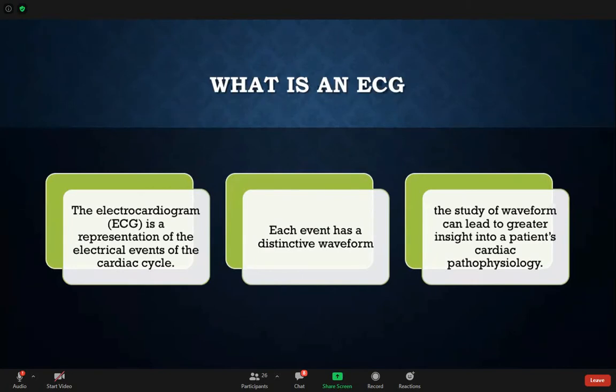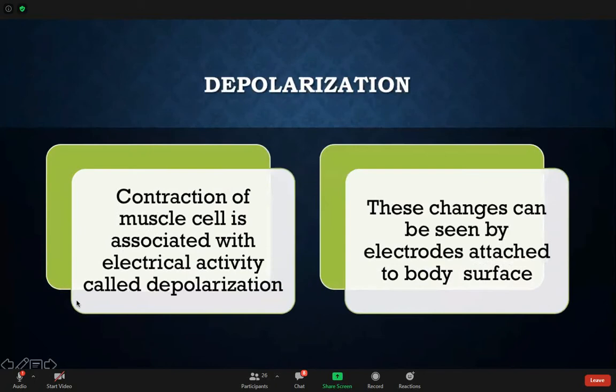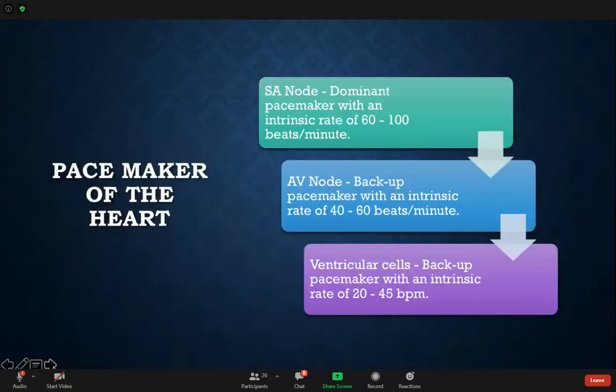Each contraction of the muscle is a distinctive waveform that you can see, and the study of these waveforms tells you a lot about the heart and cardiac pathology. That's why an ECG is important. Depolarization is the contraction of muscle cells, associated with electrical activity, and these changes can be seen by electrodes attached to the body surface.